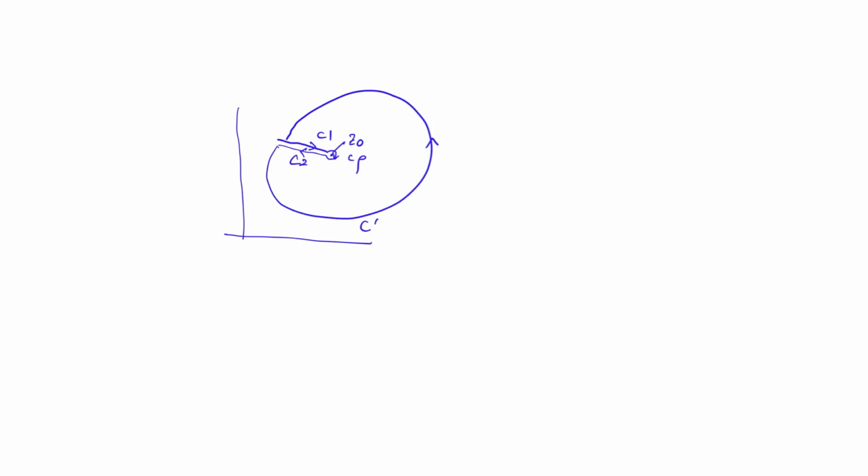So we have the following integral. C double prime is C1 plus C2 plus 0 plus C prime. And we have the following integral.